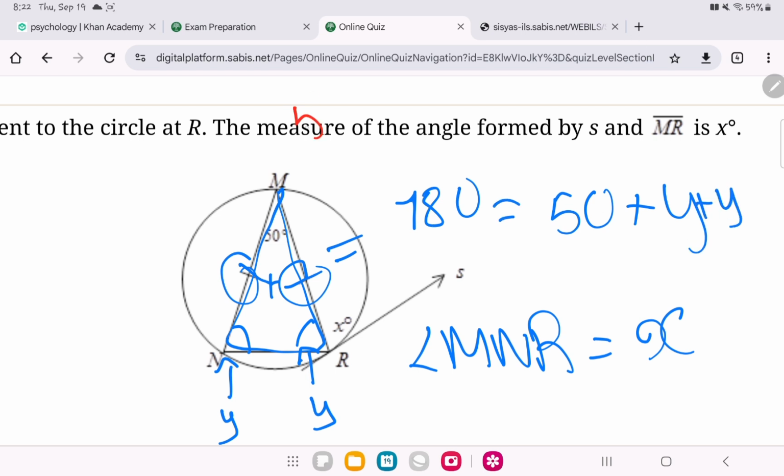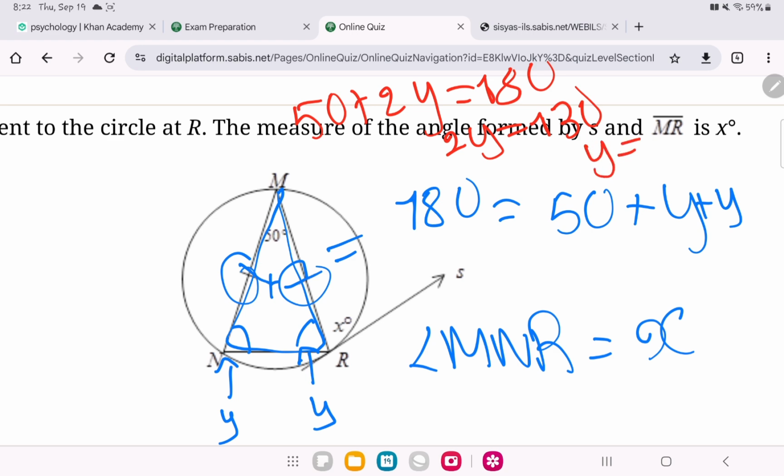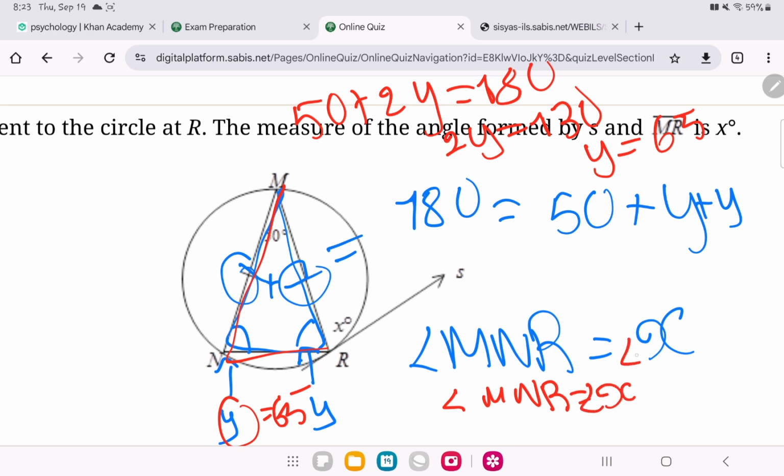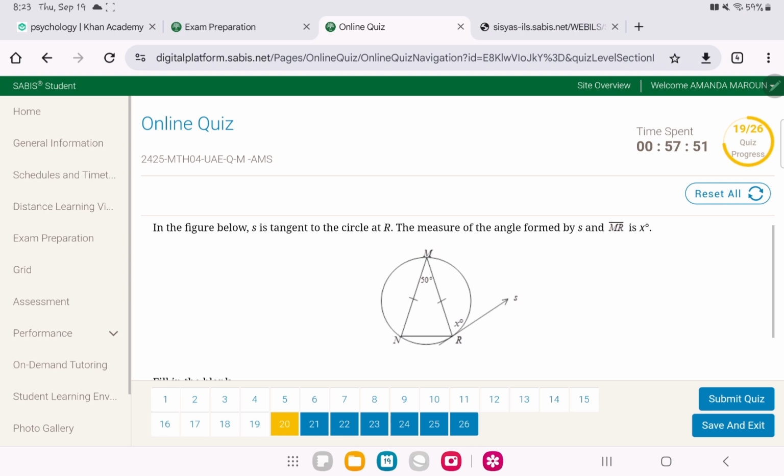In other terms, 50 plus 2Y is equal to 180. 2Y is equal to 130, so Y is equal to 65. Now we have the value of MNR. Angle MNR equals angle X equals 65 degrees. See how simple it is?